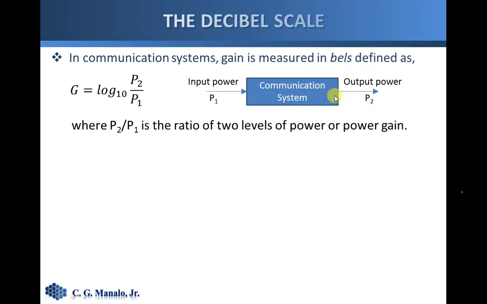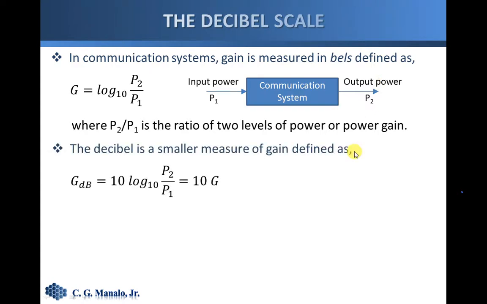We define a gain, which is the log of the ratio of the power output over the power input, and we call the unit bels. Another measure is the decibel, which is a smaller unit, and it is defined as 10 times the log of the output over the input.